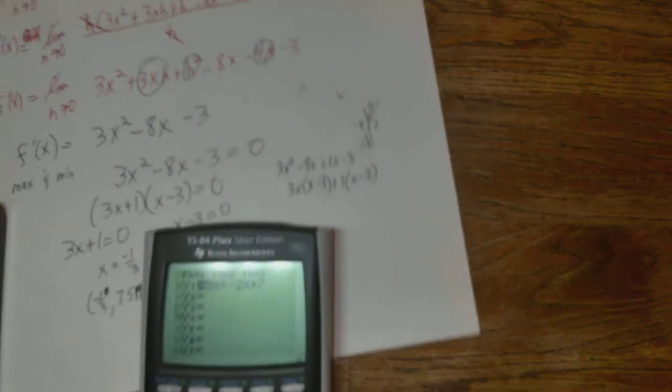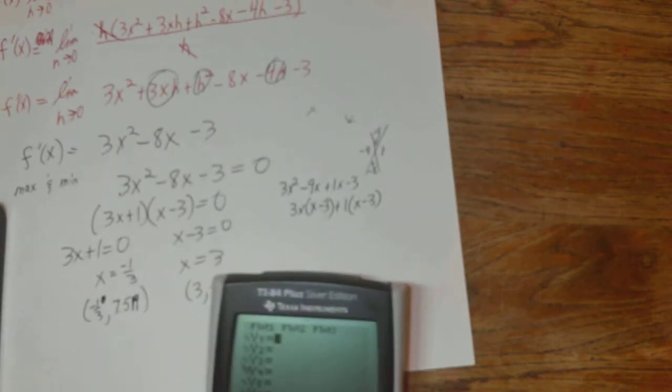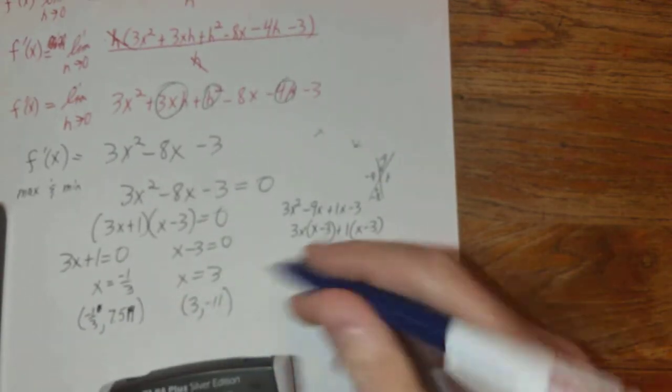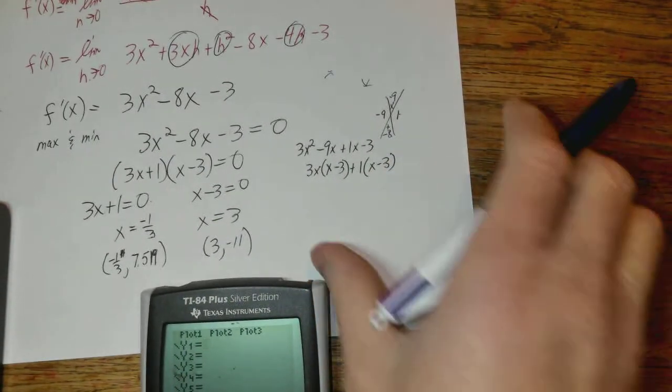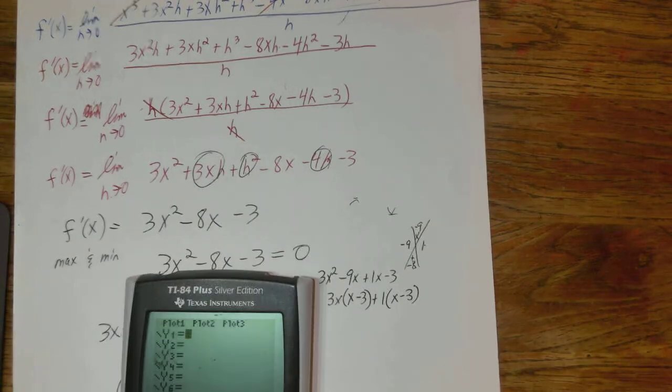Okay, now I just want to look at the graph and see if that's where we're looking at those extreme values. Y equals x to the third minus 4x squared minus 3x plus 7.